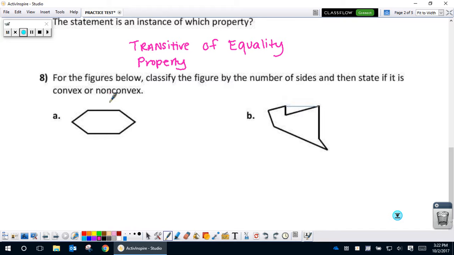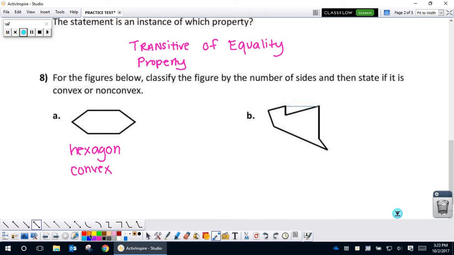Okay? Moving down to number 8. For the figures below, classify by the number of sides and then state if it's convex or non-convex. So you want to count the sides, 1, 2, 3, 4, 5, 6. So this is a hexagon, and this is convex because if you were to take a line or a segment and draw it from one point to another, it would stay inside our actual figure.